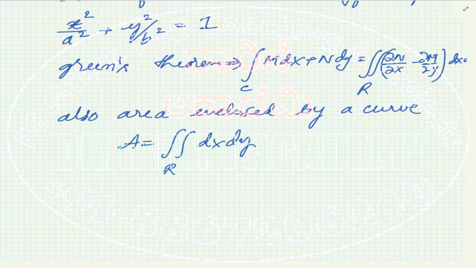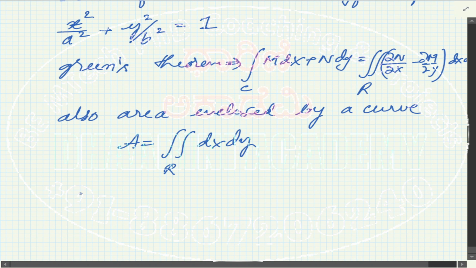All right, now let us try to calculate the substitution for the above equation. Let's take n is x by 2, and m is equal to minus y by 2.